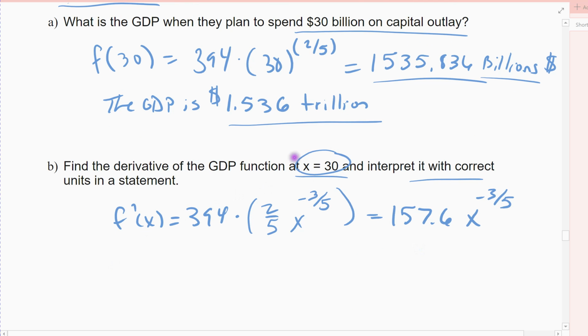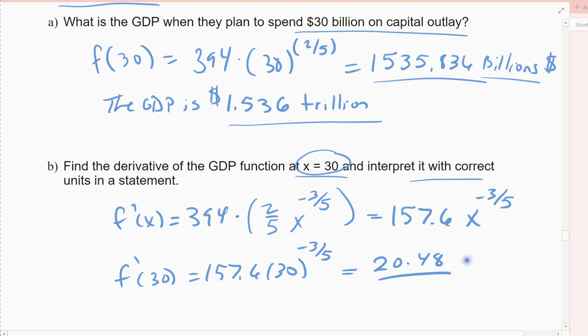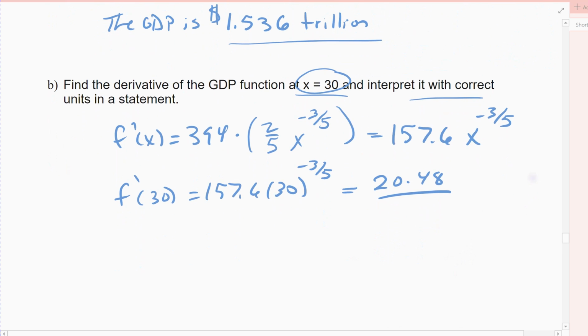And then we want it at 30. So when they spend 30 billion on capital, it comes out to be 20.48. Remember, it's a change in gross domestic product per billion. Everything's in billions, per billion in capital.